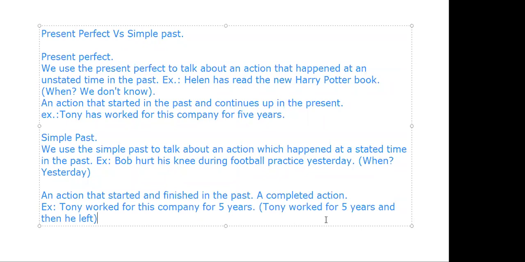Here I use simple past because today Tony is not working in that company. He left. So that's the idea that I am transmitting here, that the action is complete. The action started and finished in the past.